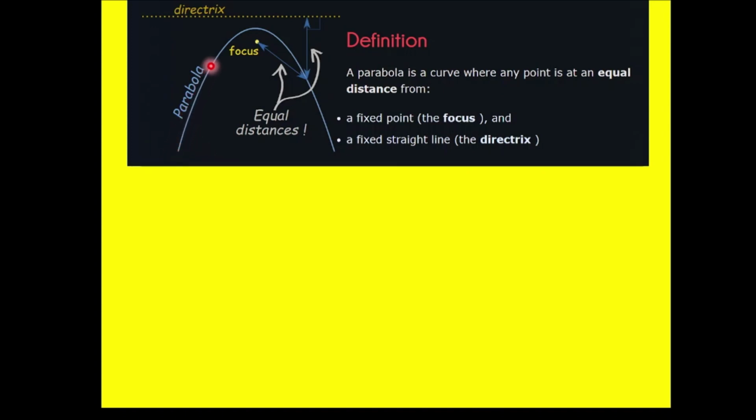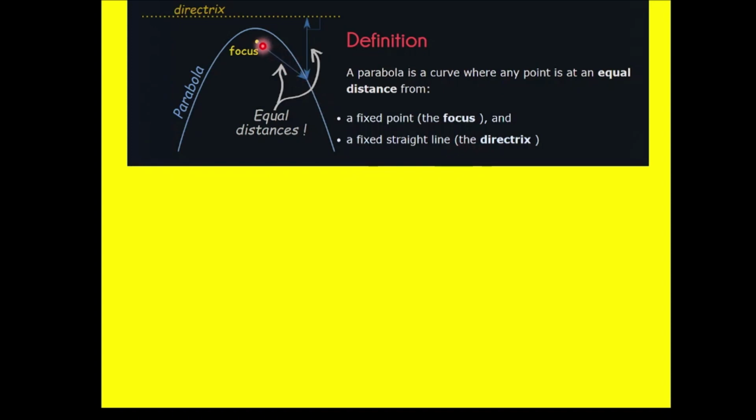If we throw a stone or pebbles like this, it always traverses a path like this. So a parabola is a curve where any point is at an equal distance from a fixed point and a fixed straight line.